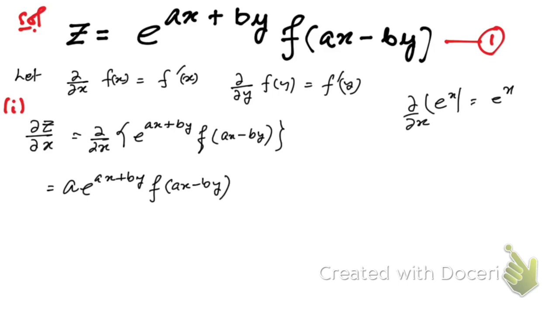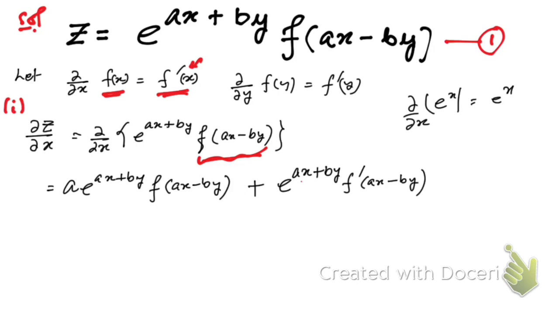Now plus the first function, which is e to the power ax plus by, times the derivative of the second function. As we have already assumed that del x of f of x is f dash x, in that case, instead of x we have this one now. So the derivative of this part should be f dash of ax minus by.